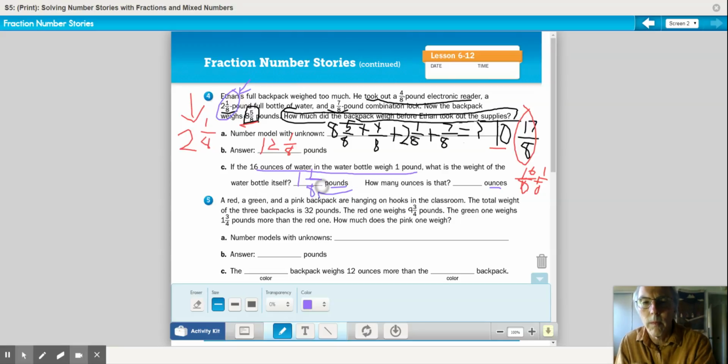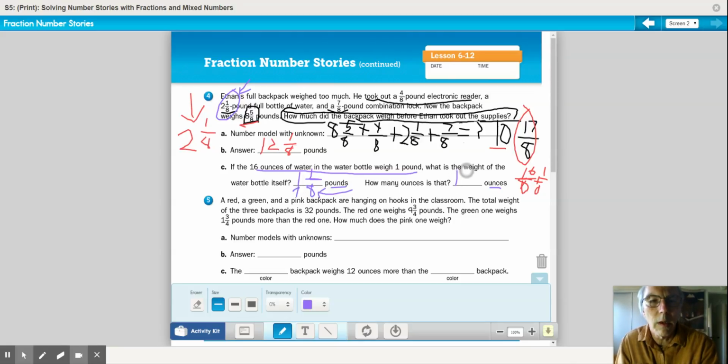Well, okay, half a pound is 8 ounces, half of 16. A fourth of a pound is 4 ounces, because 4 times 4 equals 16. So an eighth of a pound must be 2 ounces. So it's the 16 ounces that's there for the pound plus another 2 ounces.